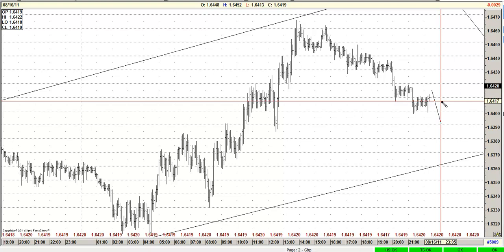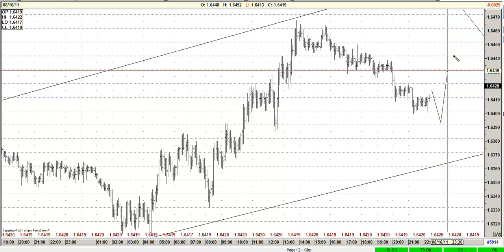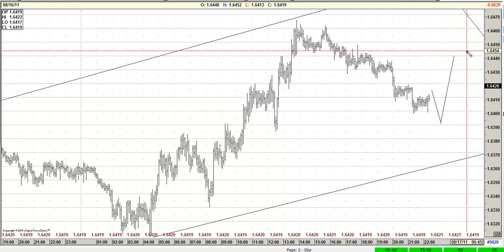A 3 back right here should be an extremely good selling opportunity that we're planning to take tomorrow.